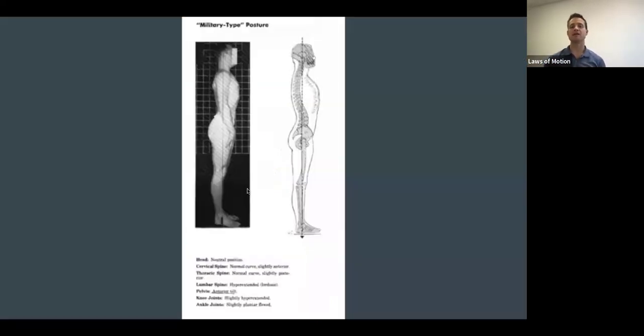When we look at this military style posture, again, if we take our foam rolls and they're in military style, so they're standing nice and tall, and we go to load them down through here, they're going to get that extension in their low back. And a lot of the time you'll see with these type of people, they'll have this crease right along their low back where every time they pick something up, they always hinge at that position.